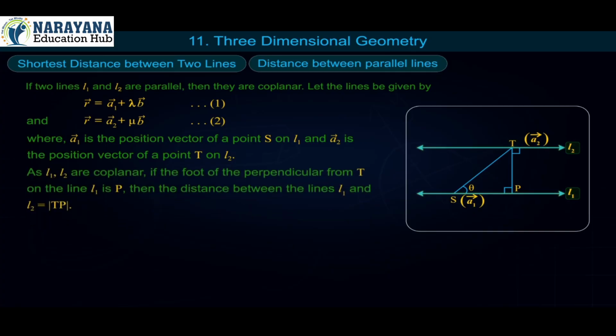As L1, L2 are coplanar, if the foot of the perpendicular from T on the line L1 is P, then the distance between the lines L1 and L2 is equal to modulus of TP.